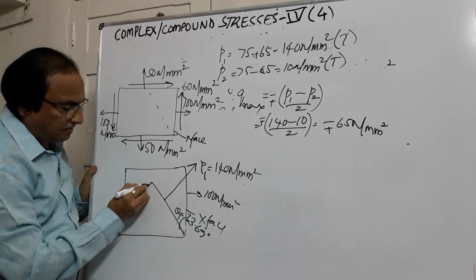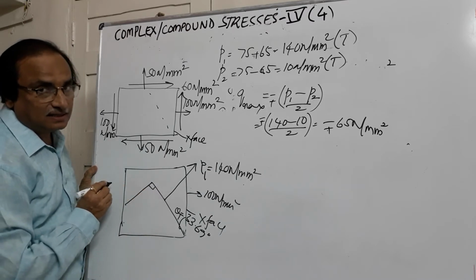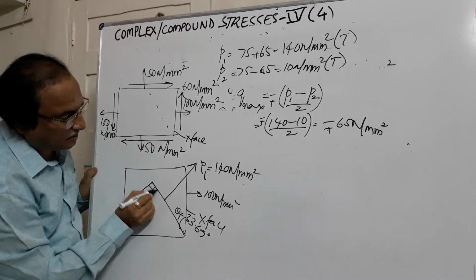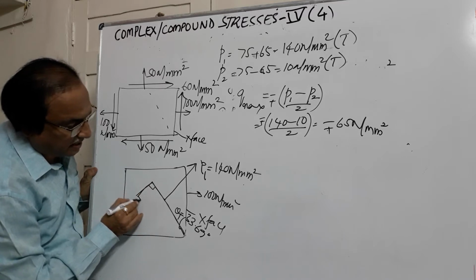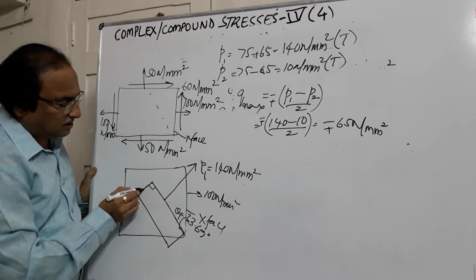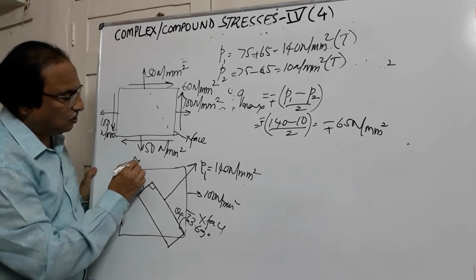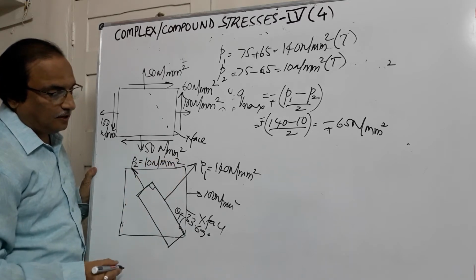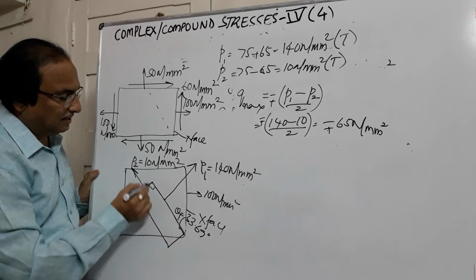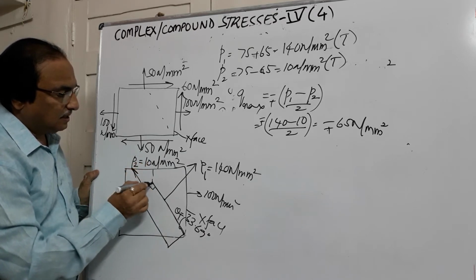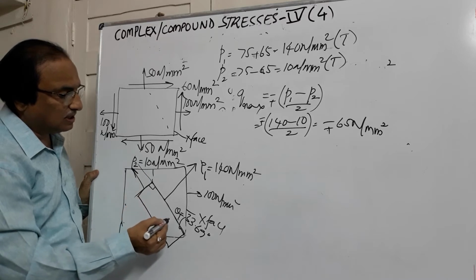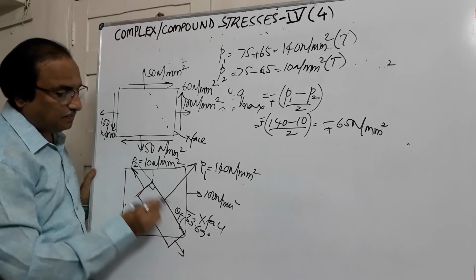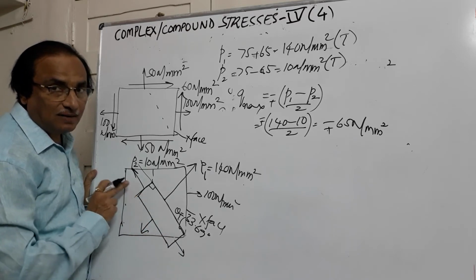There is another plane making an angle of plus 90 degrees, which is the minor plane, on which P2 is acting, equal to 10 Newton per mm square. It is tensile in nature. This plane is theta 1 and the other plane will be theta 1 plus 90 degrees. So this gives the planes on which there are only major and minor principal stresses.